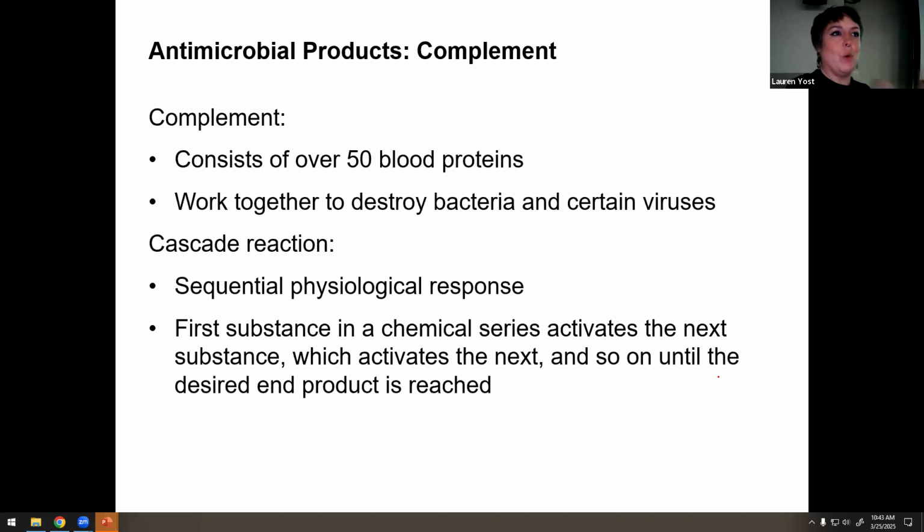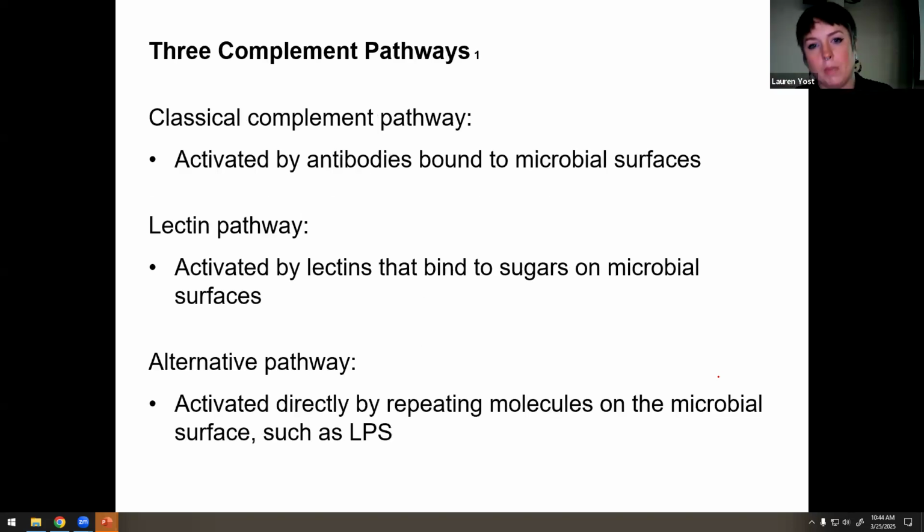Once one bomb goes off, it can cause a cascade of all the other bombs nearby to go off, like lighting one match out of a whole handful and leading to all the other ones getting lit. That's a cascade response. Once you activate one complement protein, it leads to a cascade of all the other proteins in your bloodstream, and it can lead to amplification throughout the system.